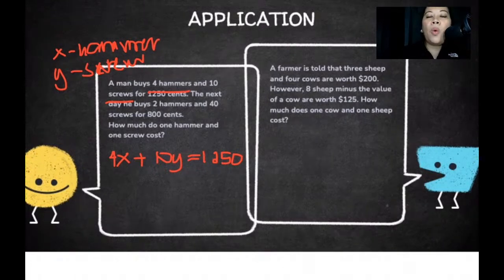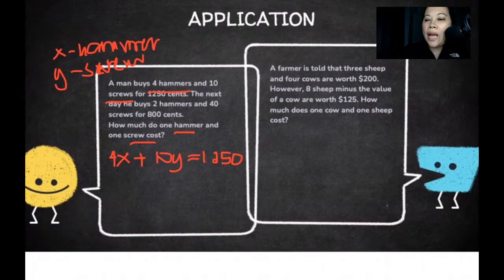Now the reason why we have 4 times x and 10 times y is because we are trying to find how much is the cost of one hammer. So we let x be the cost of one hammer and let y be the cost of one screw.